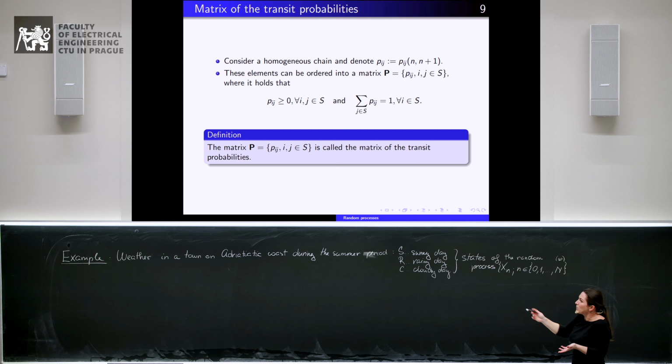Yeah, but of course, when I said that we will consider the weather in summer period, there must be some finite number of days. Not important for what I want to show you.